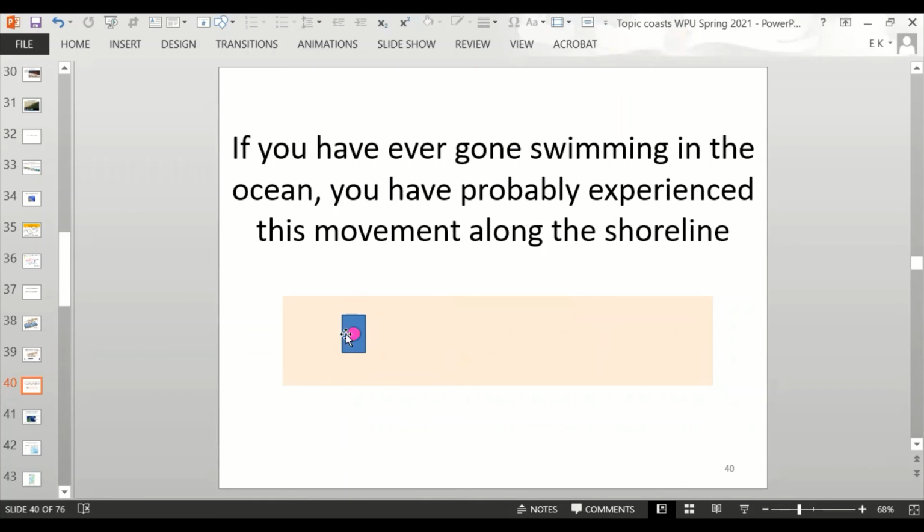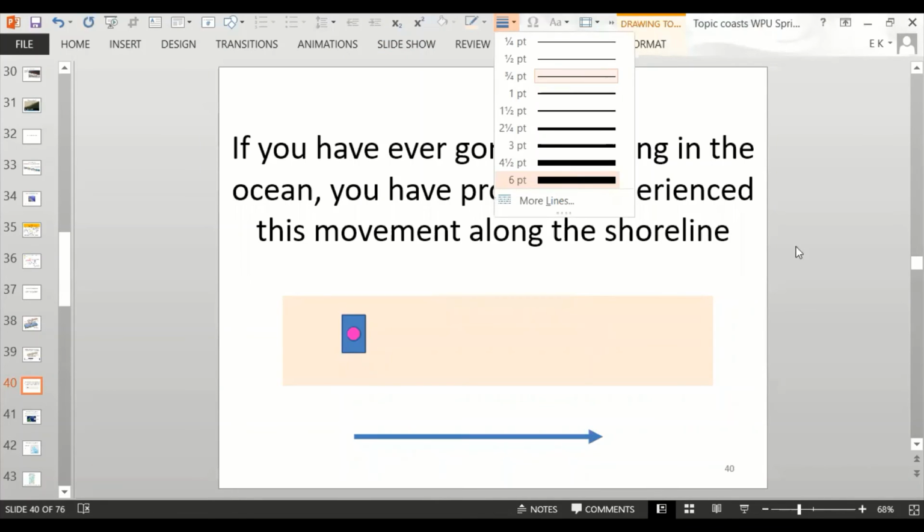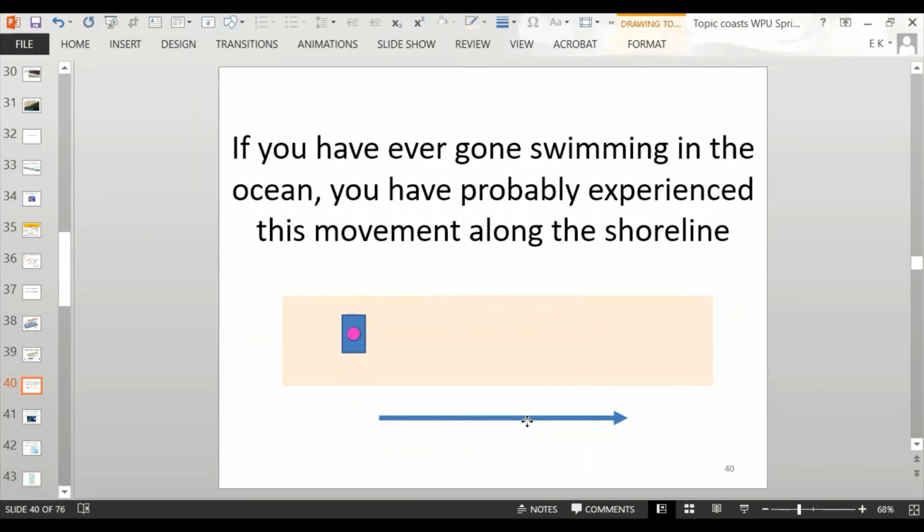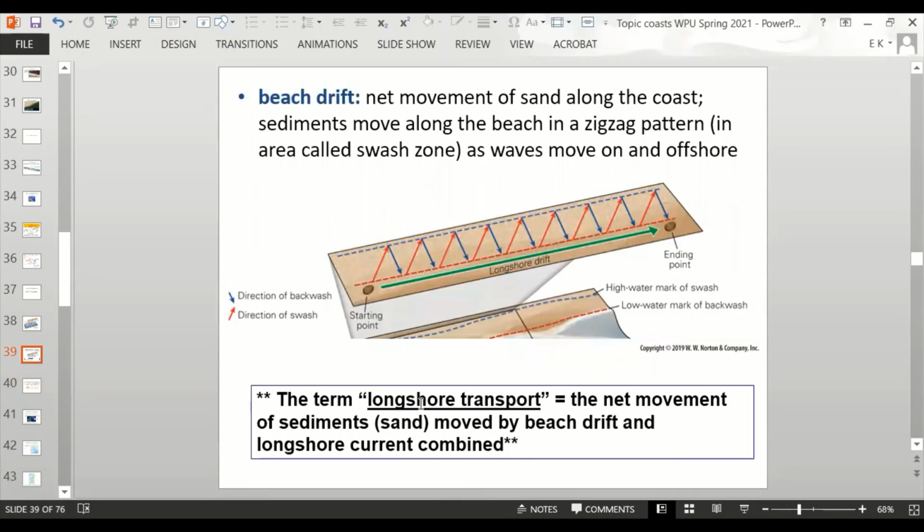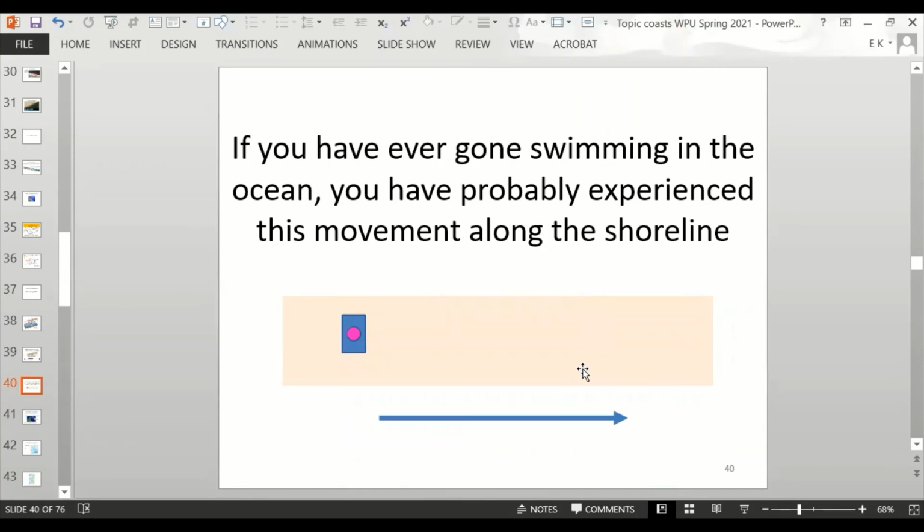What happened was I got caught up in that movement, the longshore transport and the beach drift, that whole movement. You end up getting caught up in that movement, just like the sediments in the water.